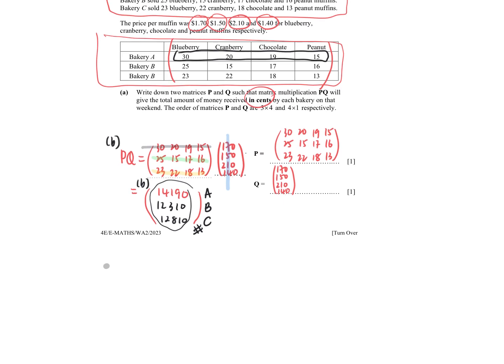So I want to have discount given to these 3 things, and then it will give me the total amount of money received from each of the 3 bakeries on the weekend. So I'm going to multiply this matrix by my answer.